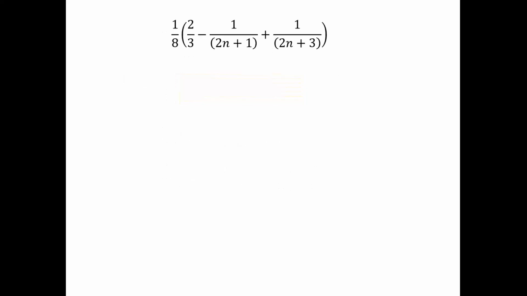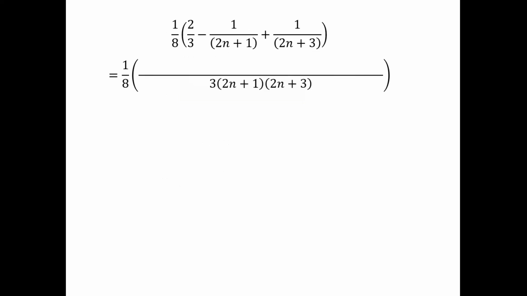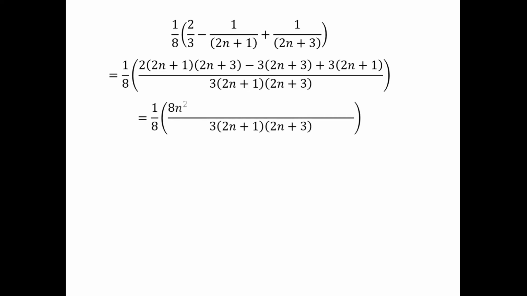And I'm going to put that into one fraction. So I need a common denominator, of course. 3, 2n plus 1, 2n plus 3. First term's going to look like that, multiplied by both those brackets. The second one I just need to multiply by the 3 and the 2n plus 3, and the other one I'm going to need to multiply the top and bottom by 3, 2n plus 1. But yeah, if I multiply those out, I'll have 8n squared plus 16n plus 6 when I multiply it out and double it, minus 6n minus 9 plus 6n plus 3.